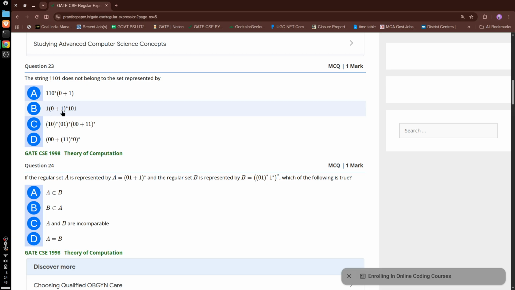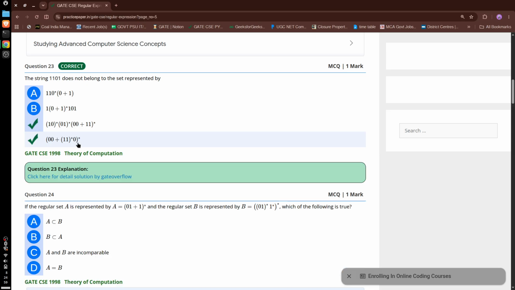Yeah, it's making 110, because this one makes 1101. And 0011, okay, so this is not making it, right? I think yeah, this is not making it. This question was an MSQ, so there were two options, and these were the true ones.